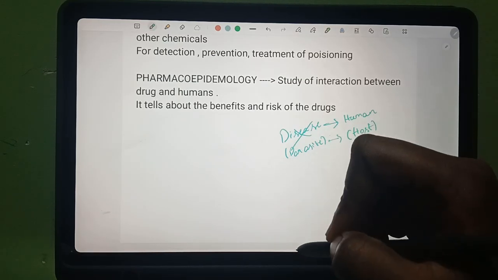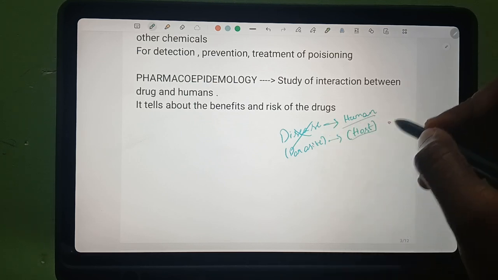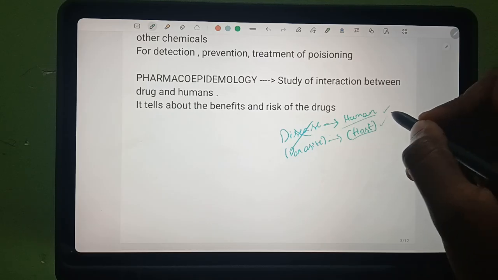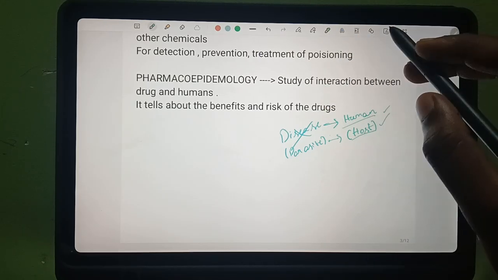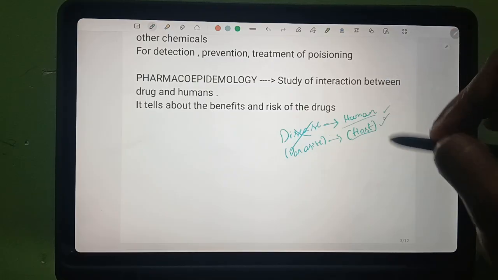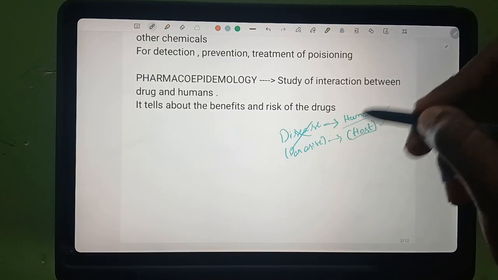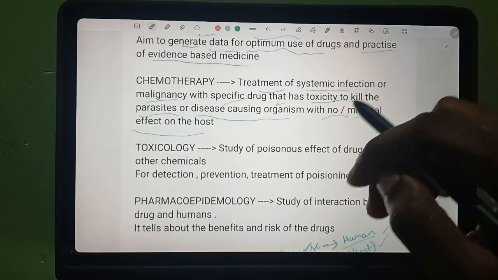But there should be no or minimal effects of the drug on the host. There should not be many side effects of the drug. Then the drug is very useful to the human. That is called chemotherapy.